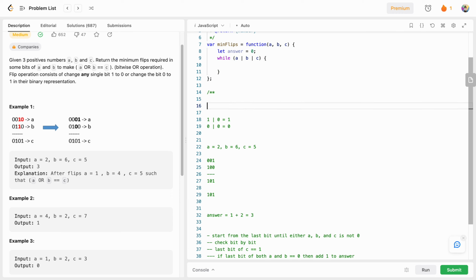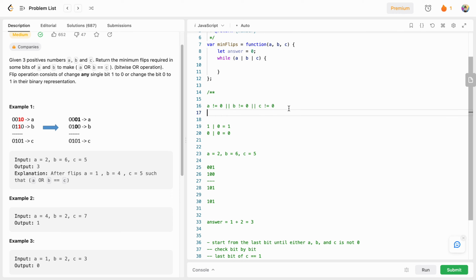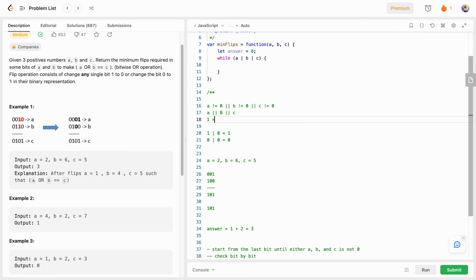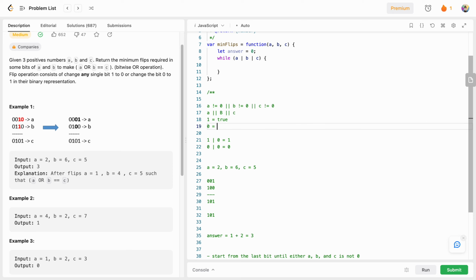Instead of doing this, we could also check if A is not equal to 0 or B is not equal to 0 or, sorry, C is not equal to 0. We could do this as well, or the short form of this is A or B or C, because in JavaScript 1 is treated as true and 0 is treated as false.